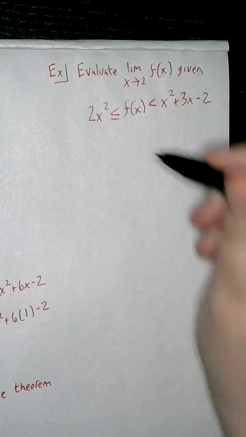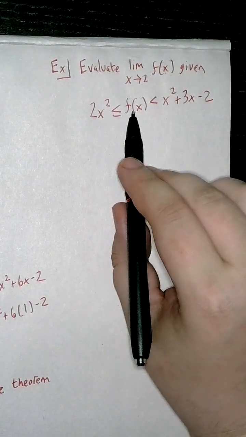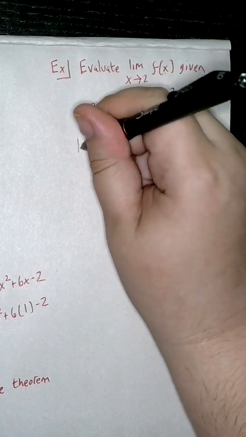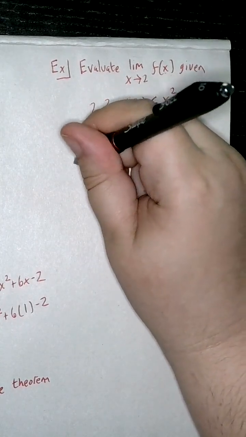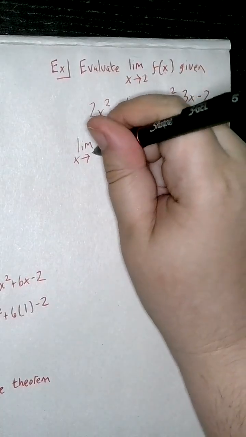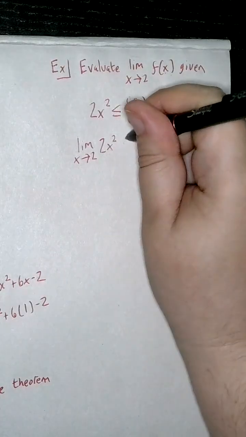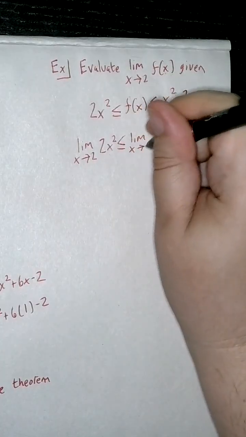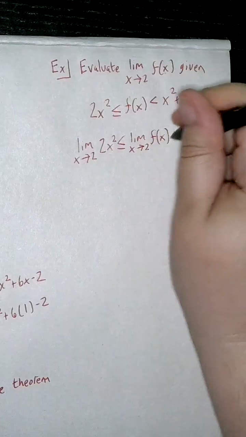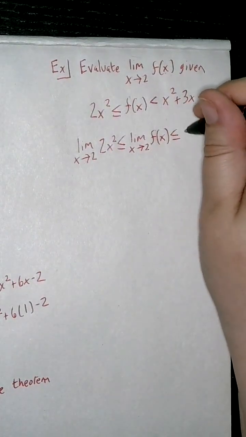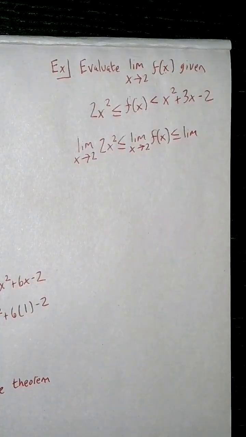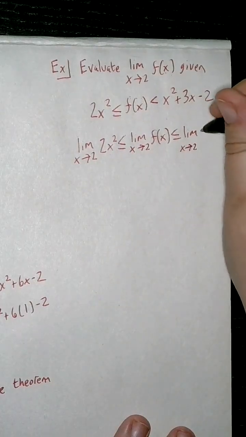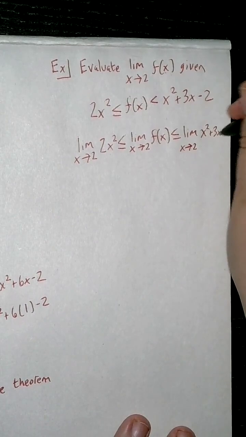So I'm going to go ahead and take the limit of all three sides. So I'm going to have the limit as x approaches 2 of 2x squared is less than or equal to the limit as x approaches 2 of f of x, which is less than or equal to the limit as x approaches 2 of x squared plus 3x minus 2.